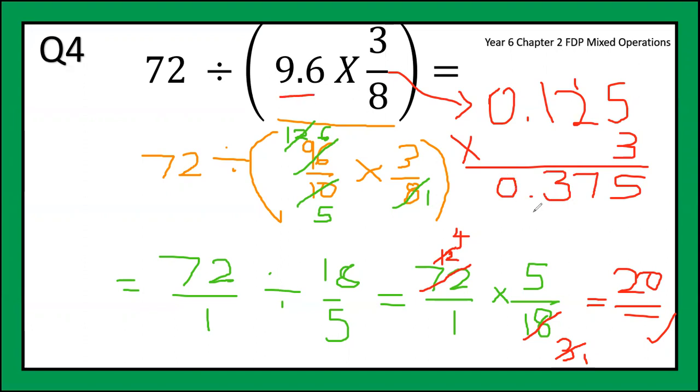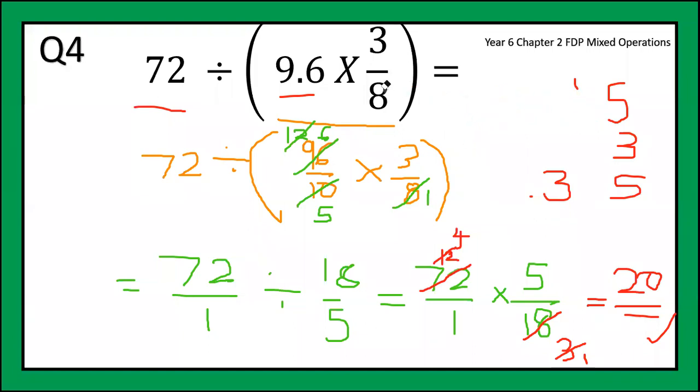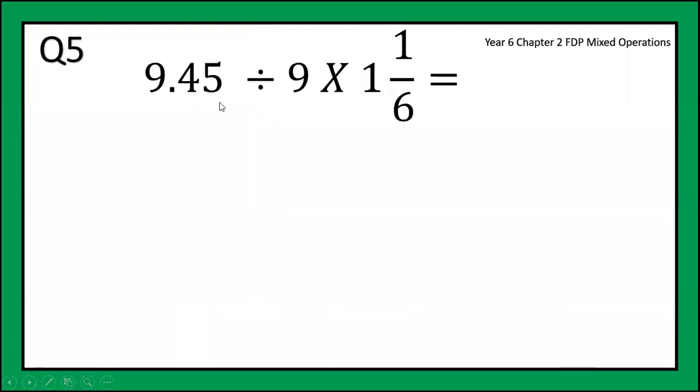So 9.6 times 0.375. You move the decimal, okay? I mean, you just multiply and then count all the decimal place values and then take 72 and divide by that number. But I think it's going to be quite a challenge doing this in the decimal method. So yeah, stick with the fractions. Stick with what's easier. Okay, clear? And let's move on to the next question.